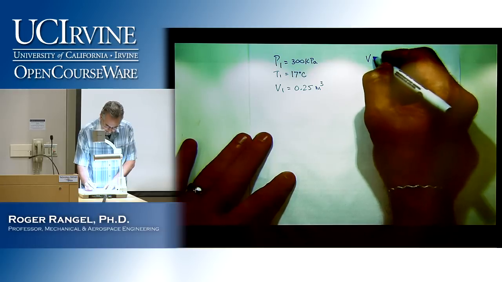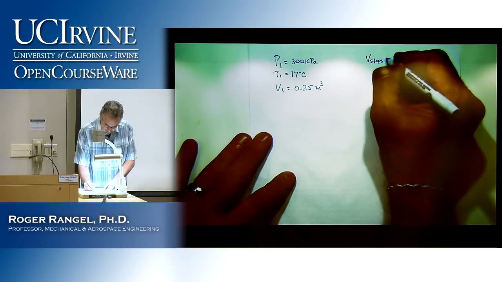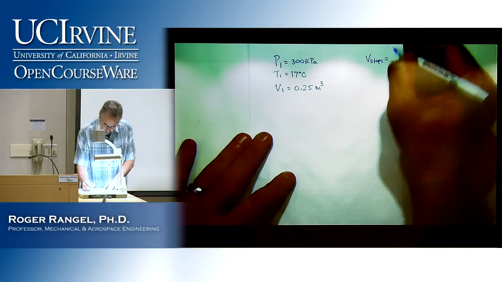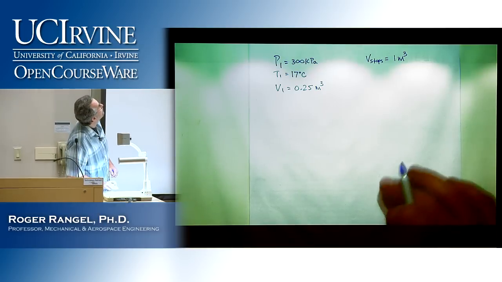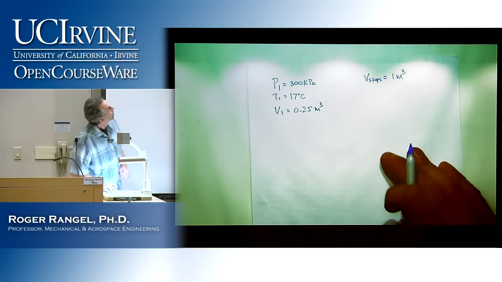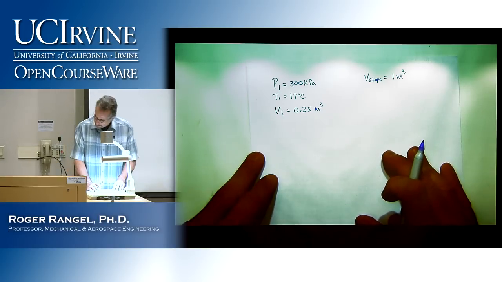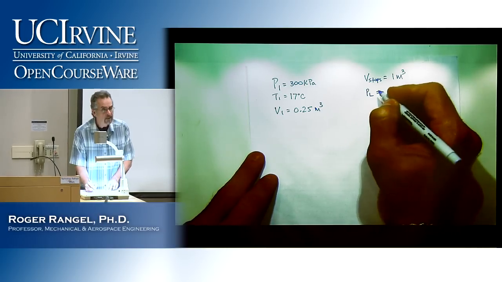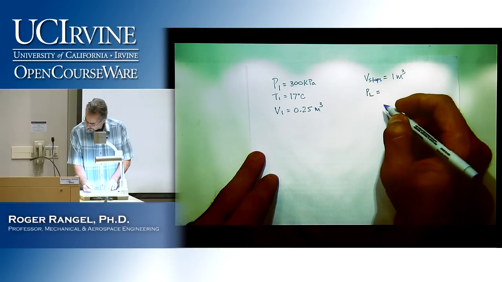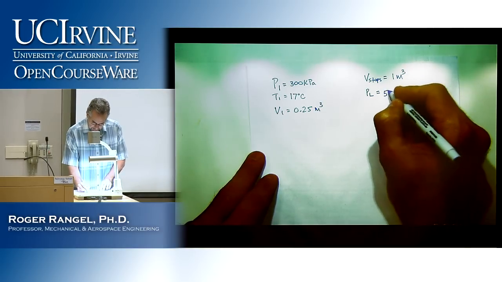The volume at the stops that is also given is 1 cubic meter. And the pressure in the line is 500 kilopascals.